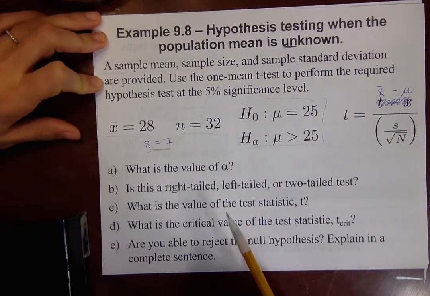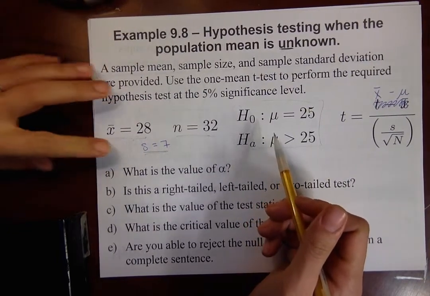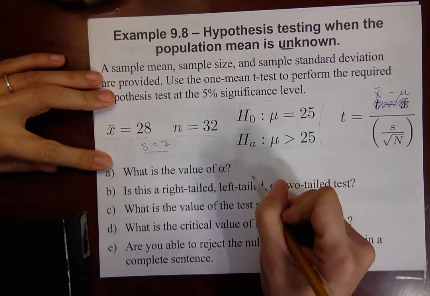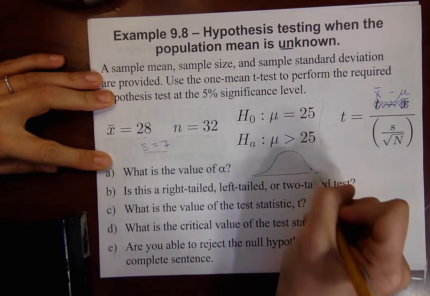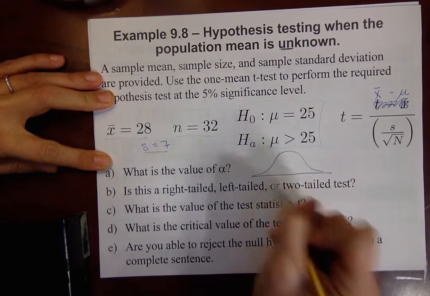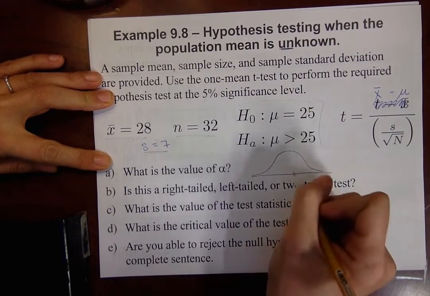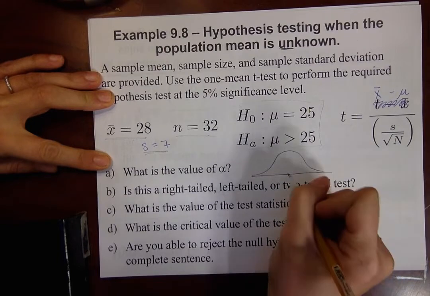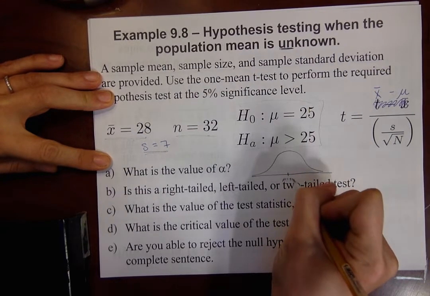Just to sort of draw what we're looking at here, we are going to have a t distribution now. So we're going to use the t table instead of the z table to test this, where we say here is the population mean, the population mean is 25.